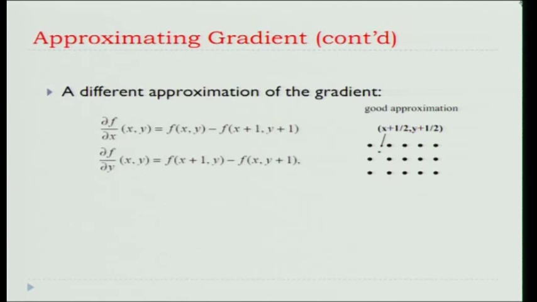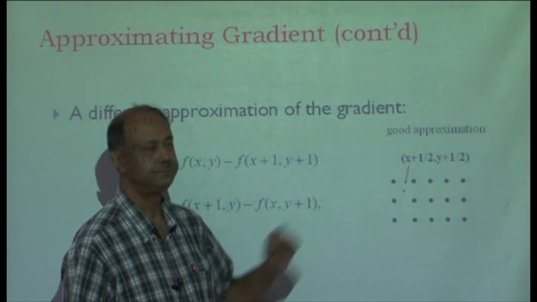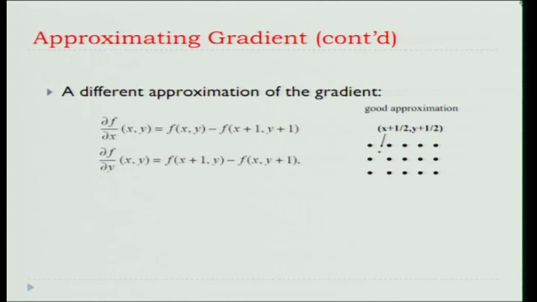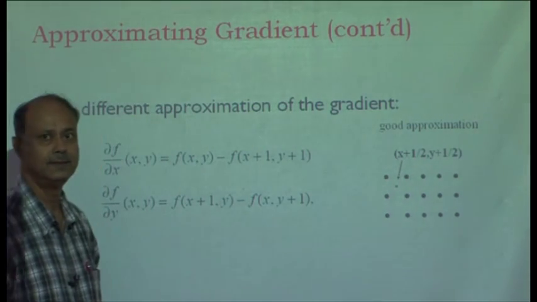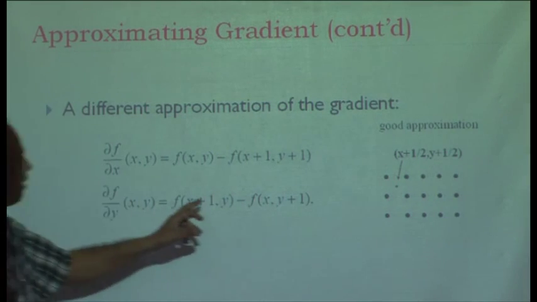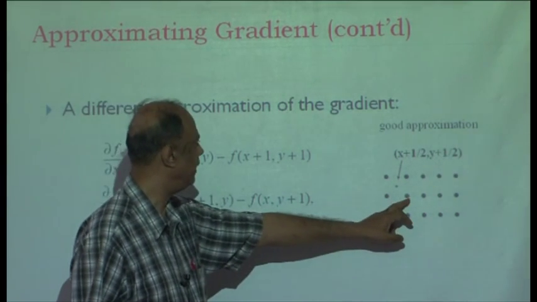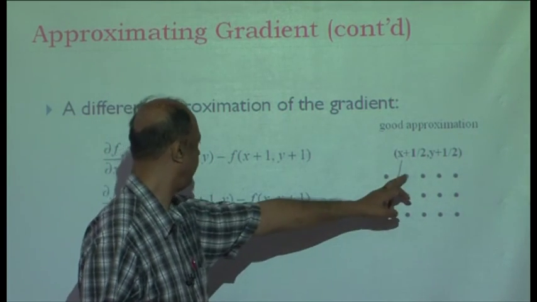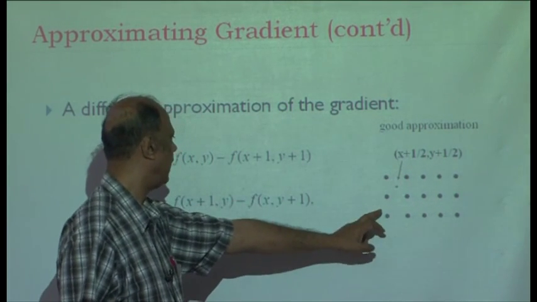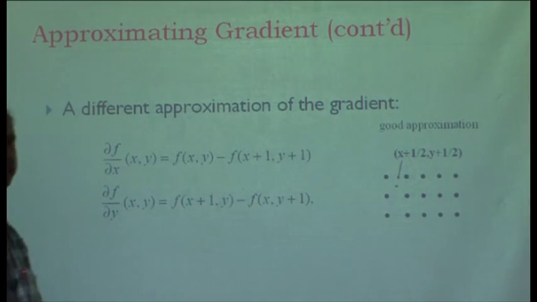The better approximation becomes if you consider this point, and this point will be considered only if you take this minus this and this minus this. That is f of x, y and f of x plus 1, y plus 1, whereas here you have taken f of x plus 1, y and f of x, y plus 1.